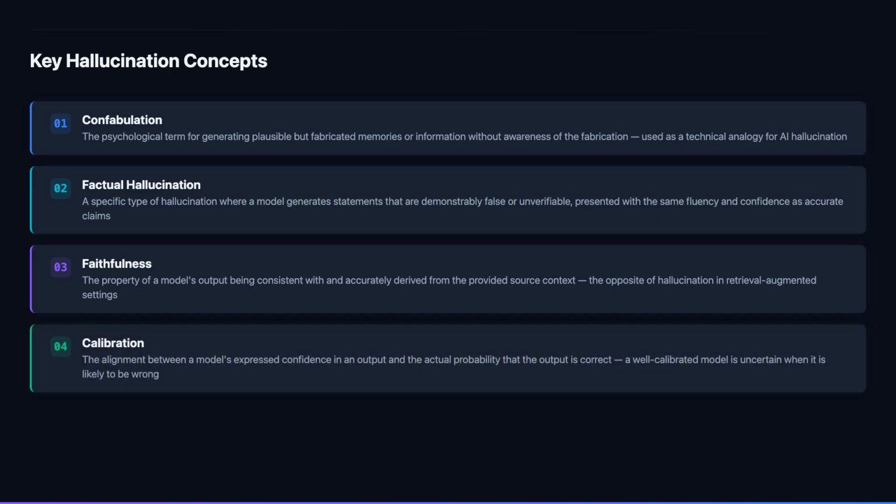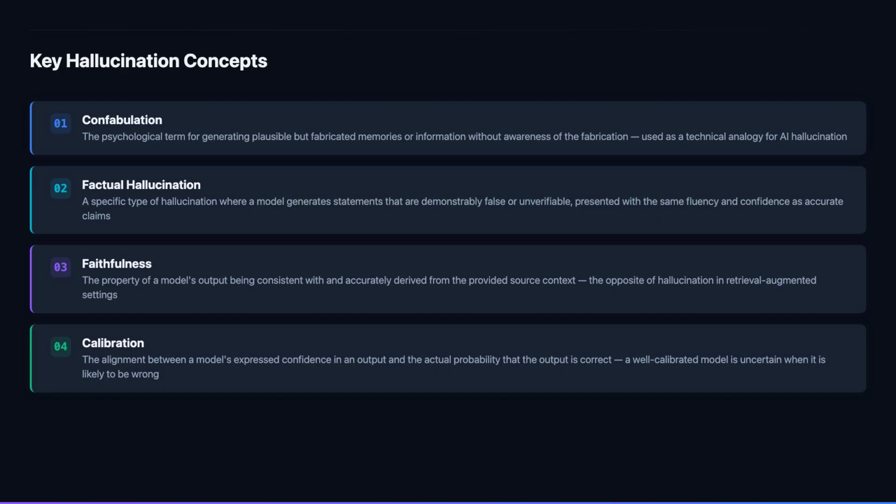Calibration is the property of a probabilistic system that reliably knows when it knows and when it does not know. A perfectly calibrated language model would express 90% confidence only in cases where it is correct 90% of the time, and 50% confidence only in cases where it is correct 50% of the time.